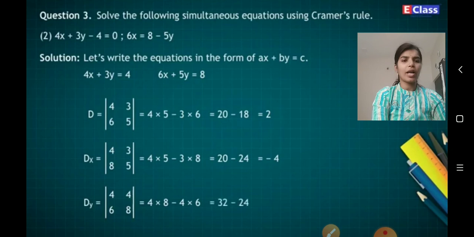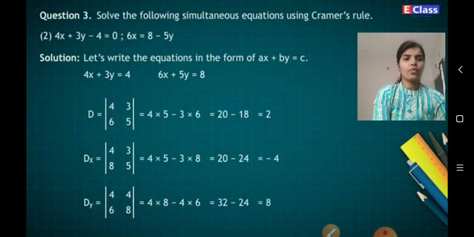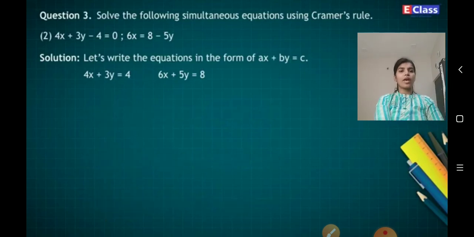So 32 minus 24. So our solution of Dy is 8.